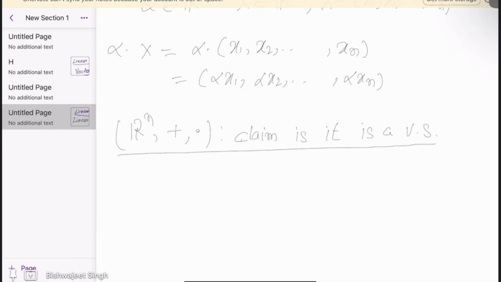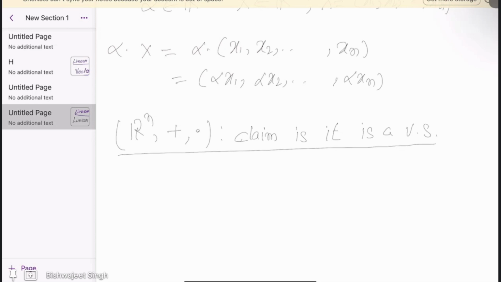So we got the set and the two operations, but to know whether it actually is a vector space or not, what do we need? We need to check all those 8 properties. We will check them quickly, it is very easy and you can all follow. We'll check these properties to claim that this indeed is a vector space.